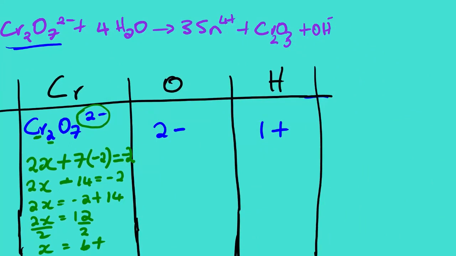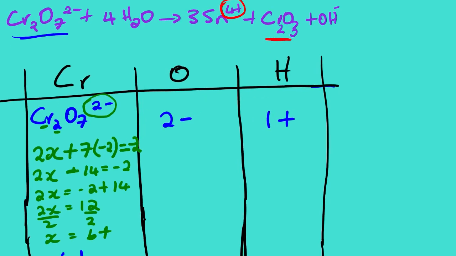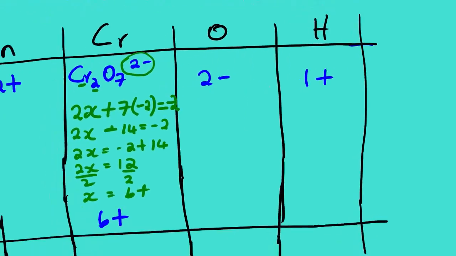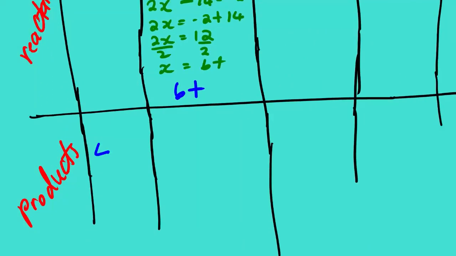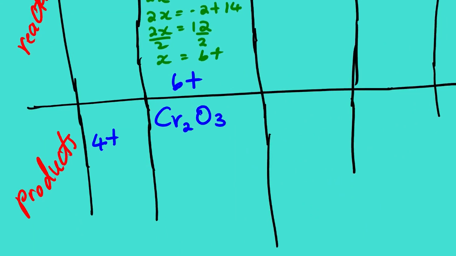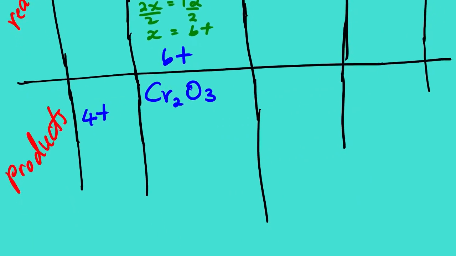We can see that tin has 4 plus. We need to work out the oxidation number of chromium in this molecule. So tin has 4 plus. Then let us work out the oxidation number of chromium in this molecule.